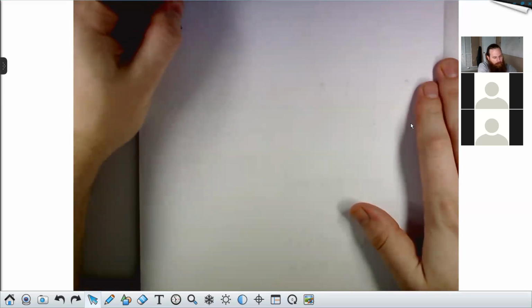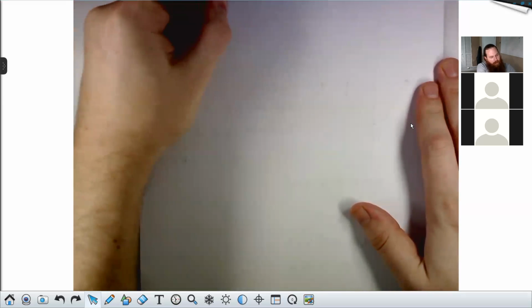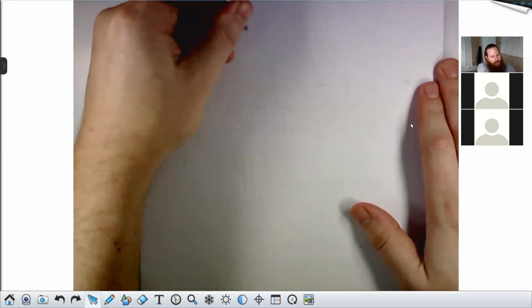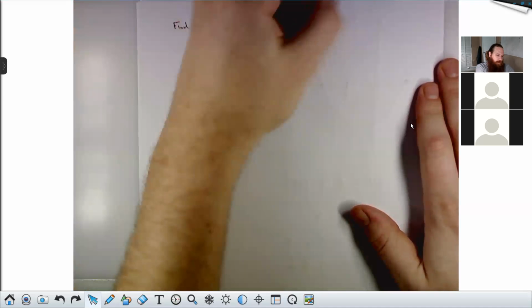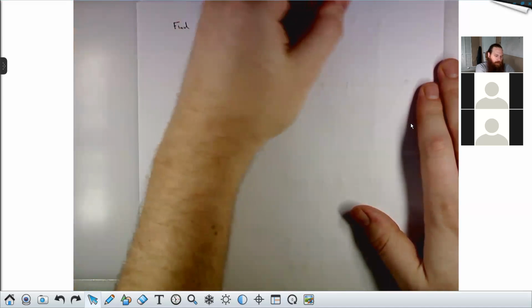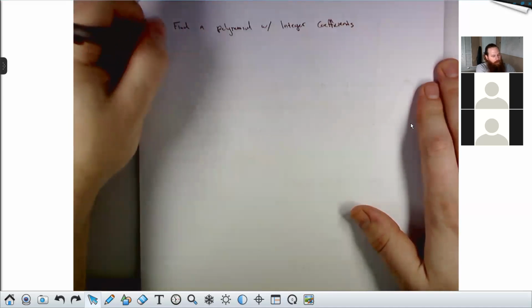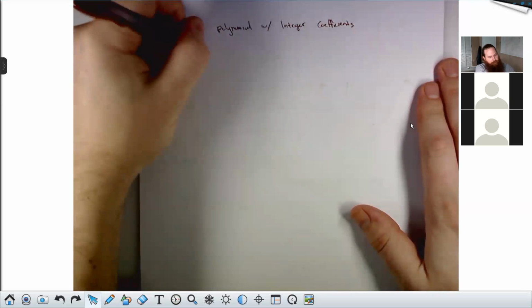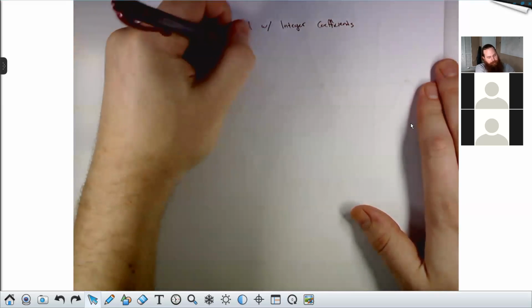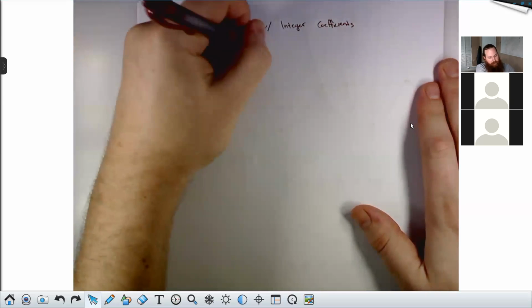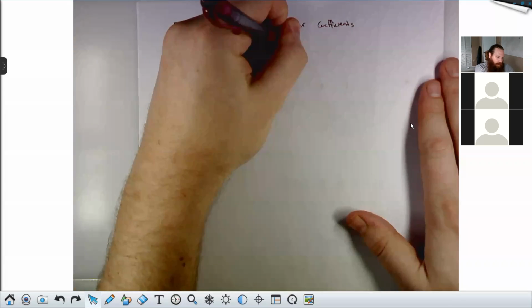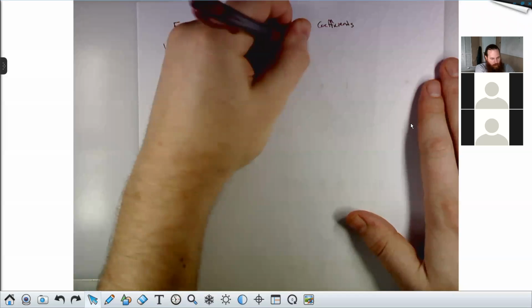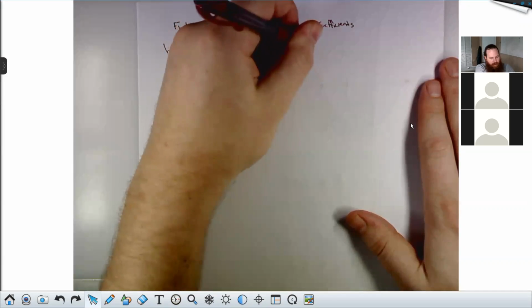Can you find a polynomial with integer coefficients having roots, let's say, 3, -1/2, and 1 minus i?